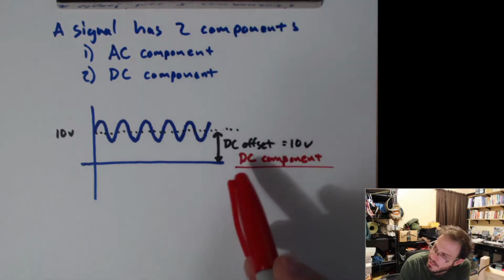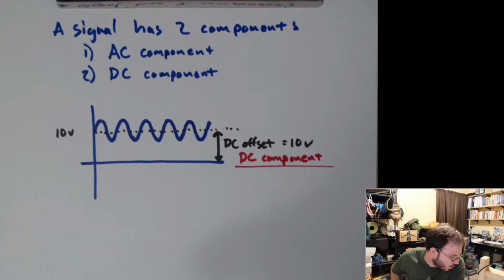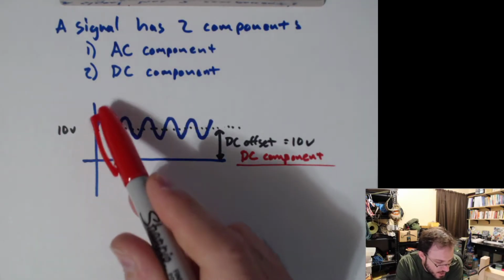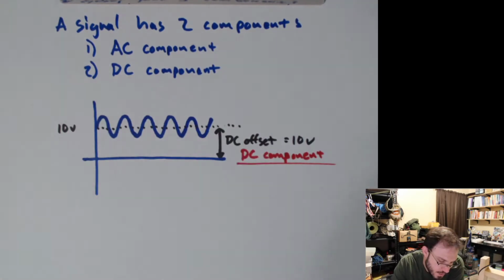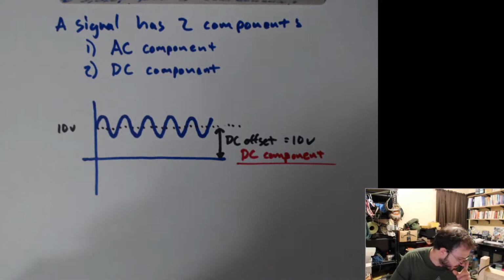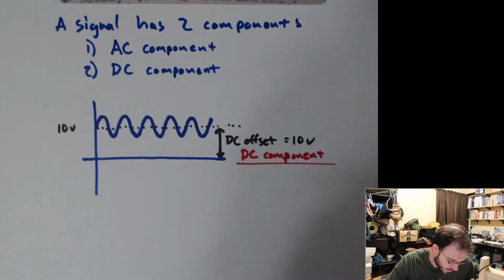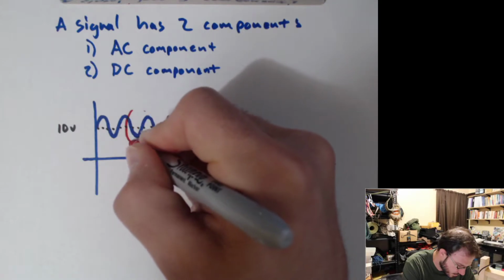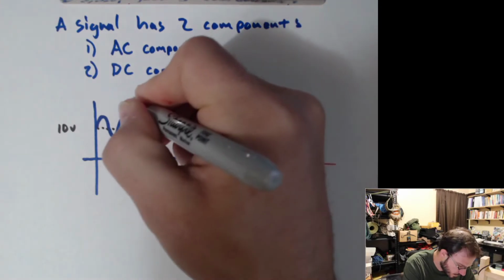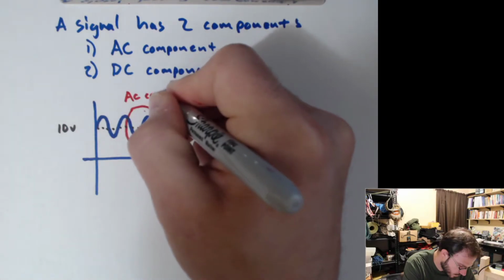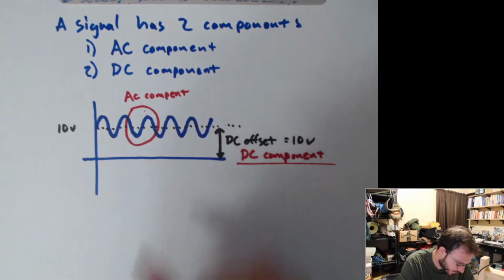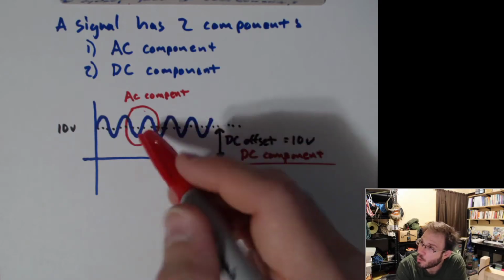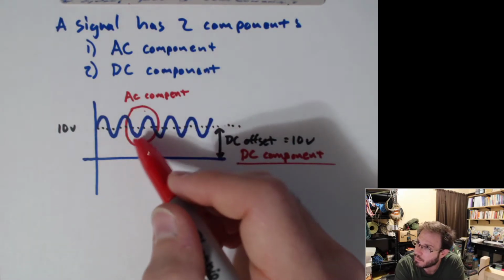However, that's not the only thing that describes this sine wave. We also have the amplitude for our AC. How much does it go up and down relative to our DC offset? So our AC component would be however you want to describe the peak-to-peak voltage here.